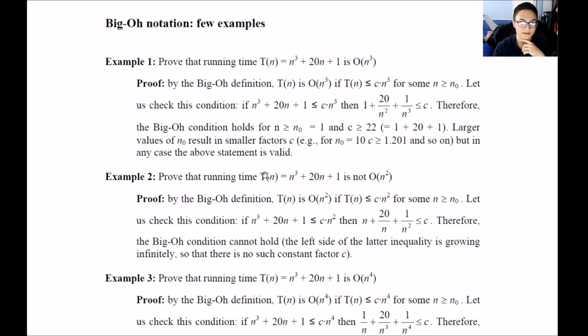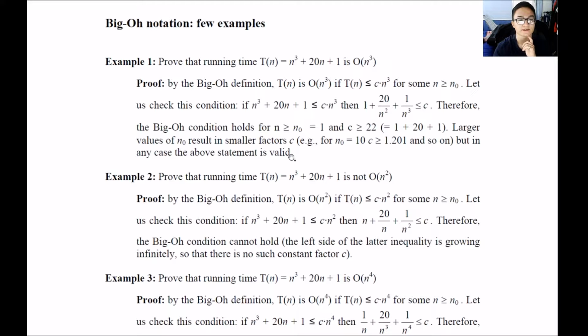Larger values of n naught result in smaller factors of C. For example, for n naught equal to 10, C is greater than or equal to 1.201, and so on.